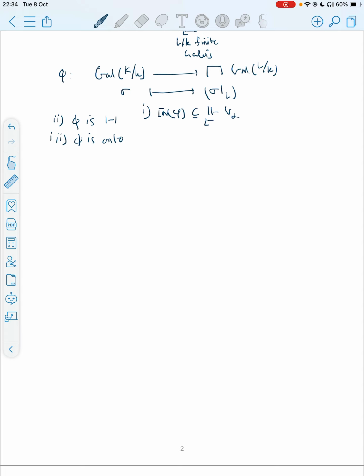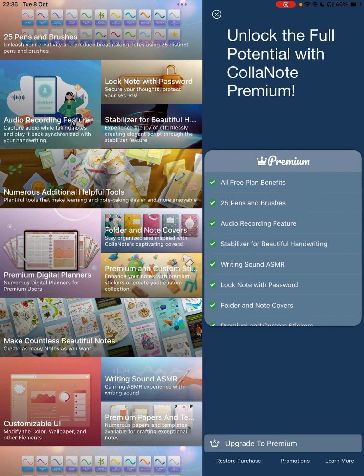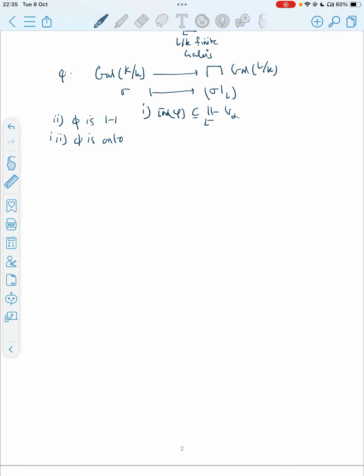And because it's moving, the image of that element sigma under phi will not be identity. So it's injective, right? Because it moves something in the k alpha position, and k alpha is a finite extension of little k. So that's how we can show it's injective, which is trivial.